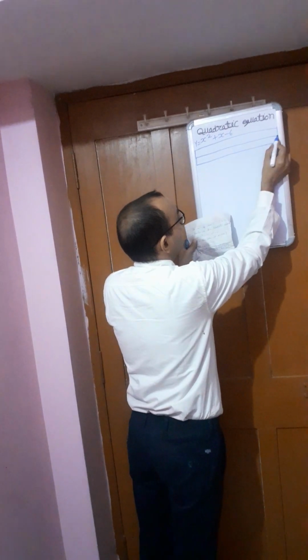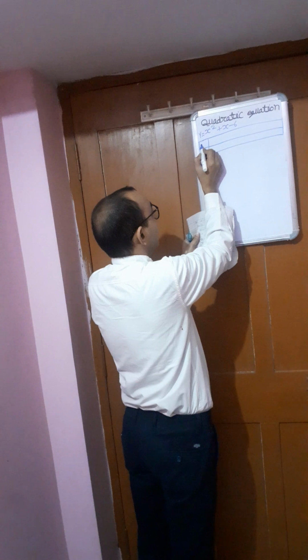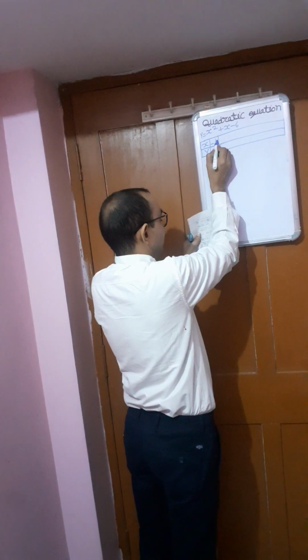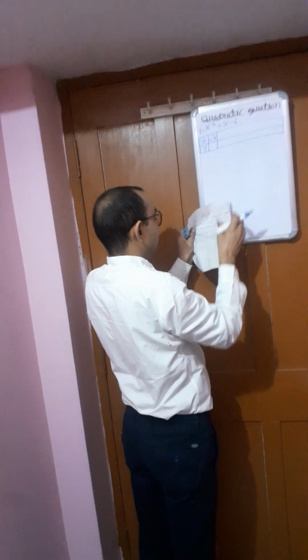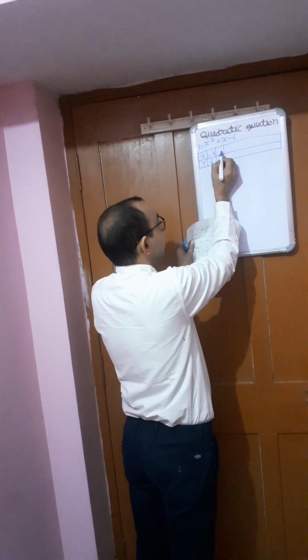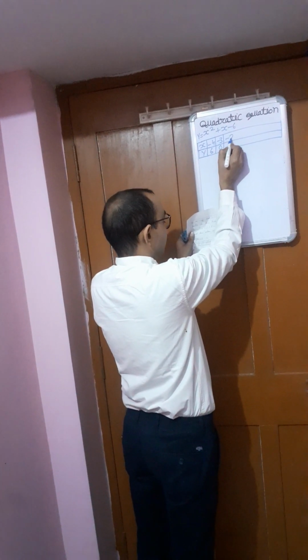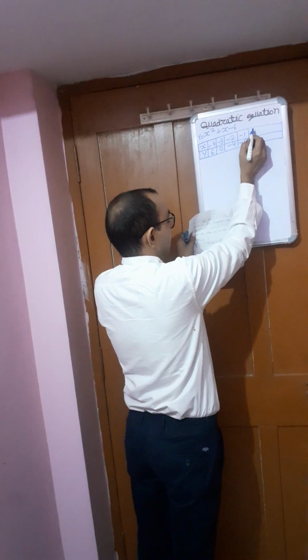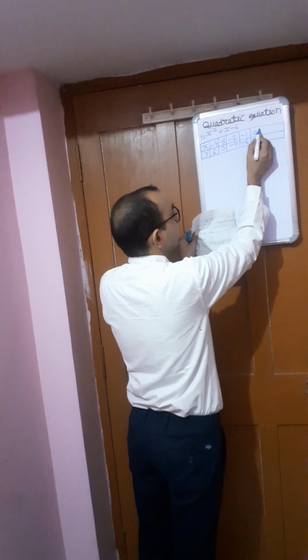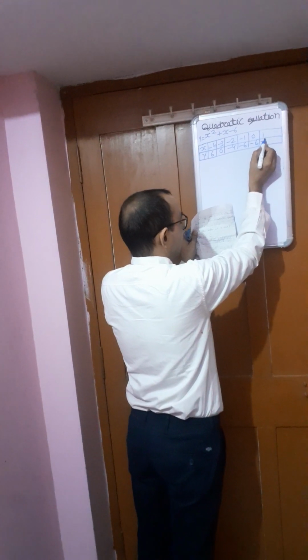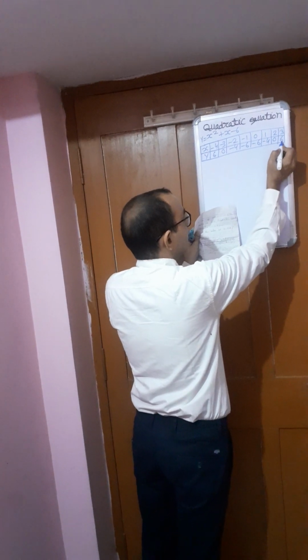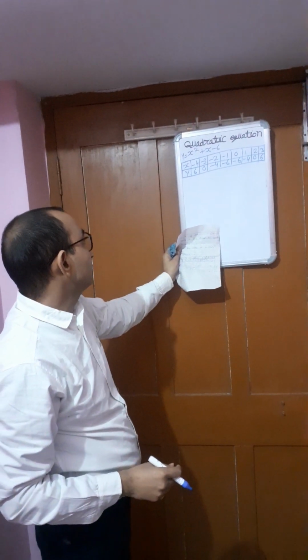The table of x and y: minus 4, the value is 6; minus 3, 0; minus 2, minus 4; minus 1, minus 6; 0, minus 6; 1, minus 4; 2, 0; 3, 6.